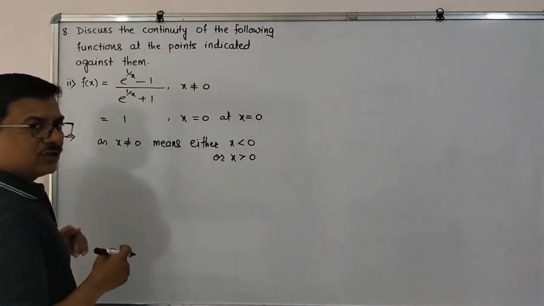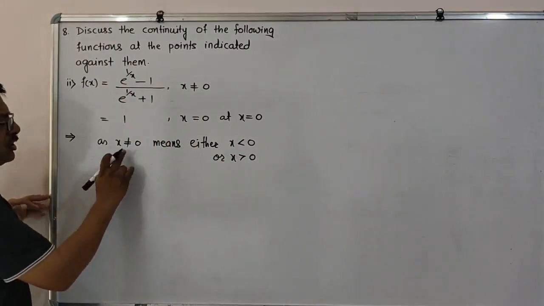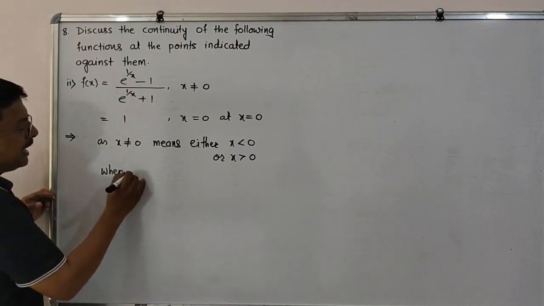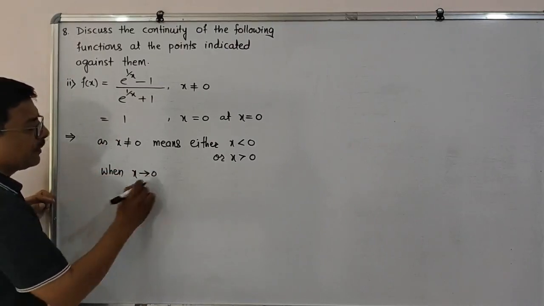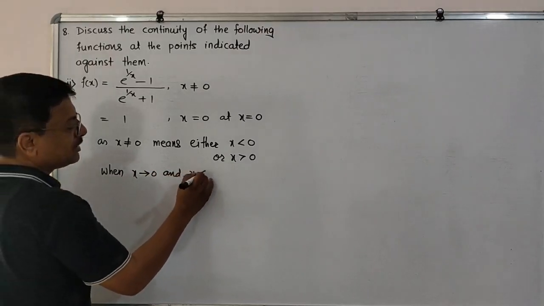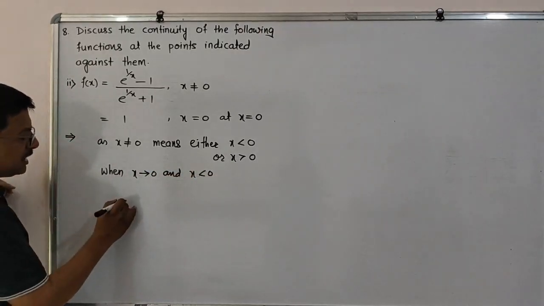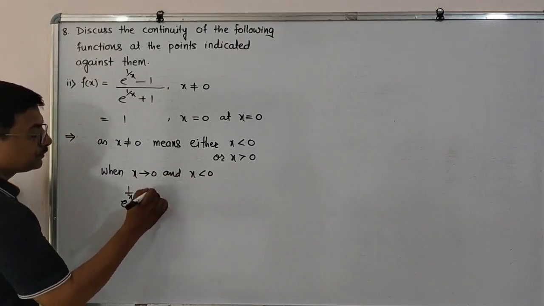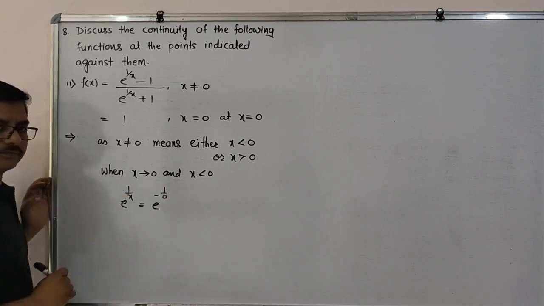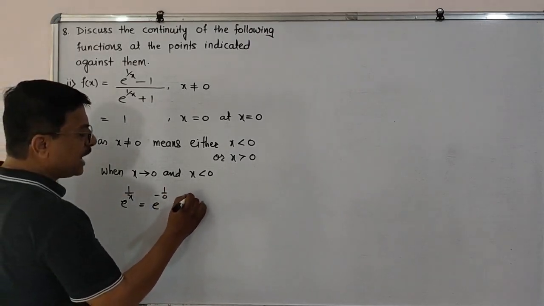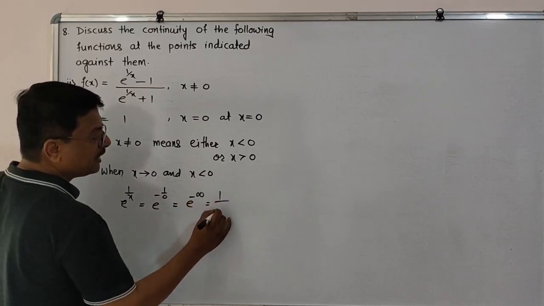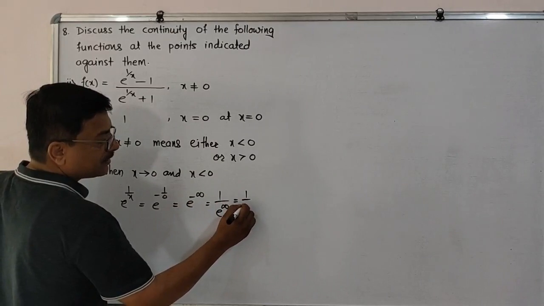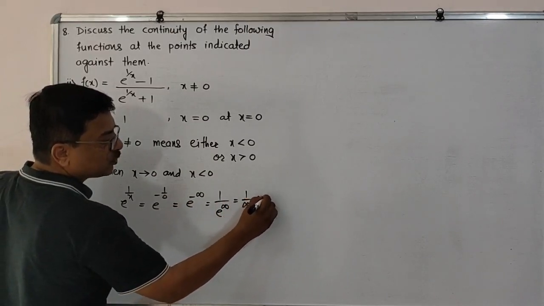Then what effects on e raised to 1 by x? When x is very closer to 0, when x is tending to 0 and x is less than 0, at that time this e raised to 1 by x becomes e raised to minus 1 by 0, means it is e raised to minus infinity, that is 1 upon e raised to infinity, that is 1 upon infinity, and it tends to 0.